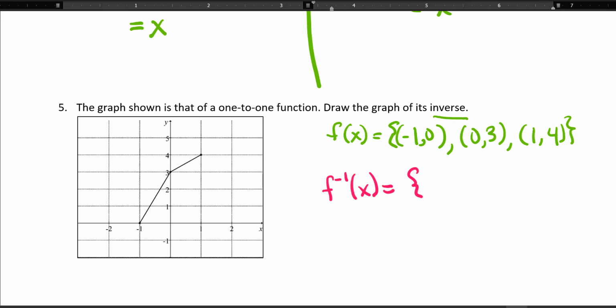So we have 0, -1, 3, 0, and we have 4, 1. Let's plot those. 0, -1. We have 3, 0. And we have 4, 1. Okay. So we can connect.